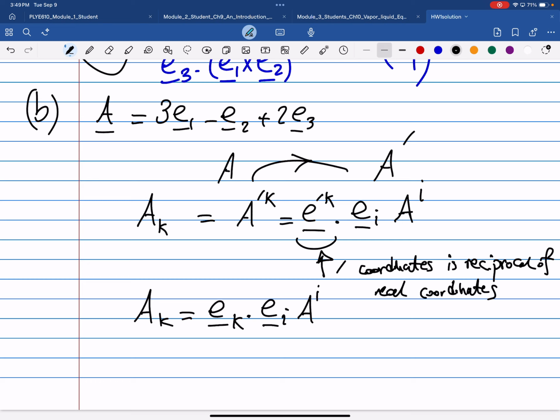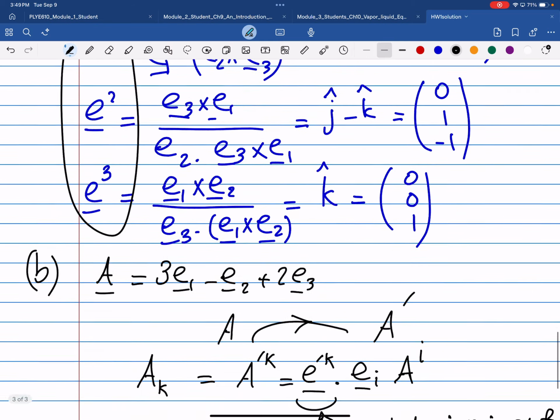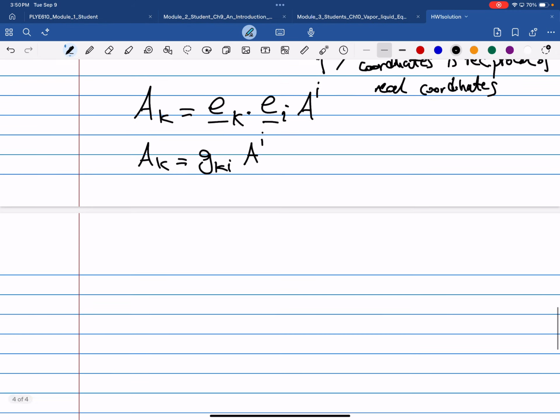It's G. So A K is G K I, A I. Can you tell me what G K I is? These were your bases, right? G K I are components coming from the dot product of your basis vectors. Let me open it up here.